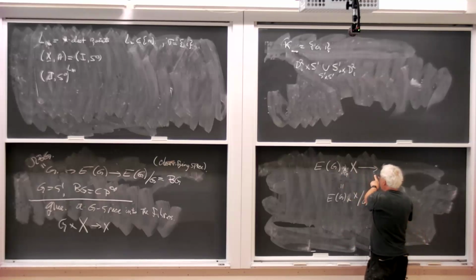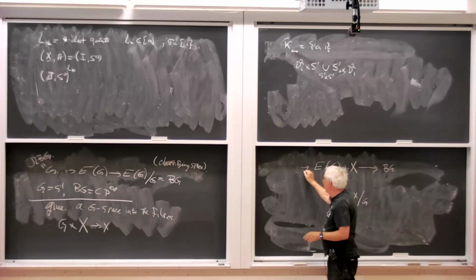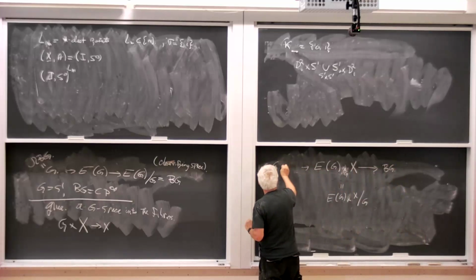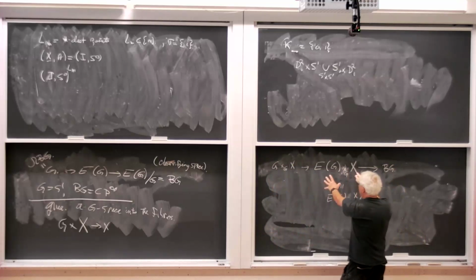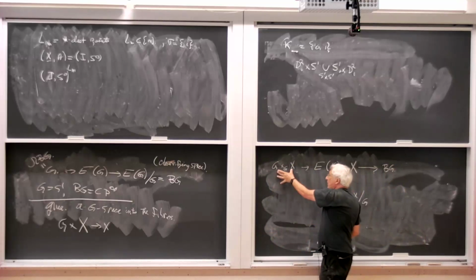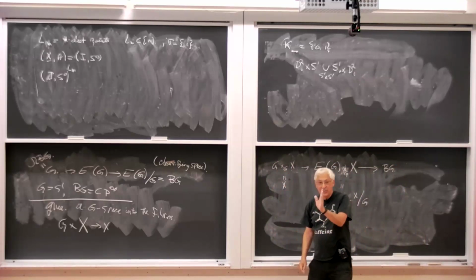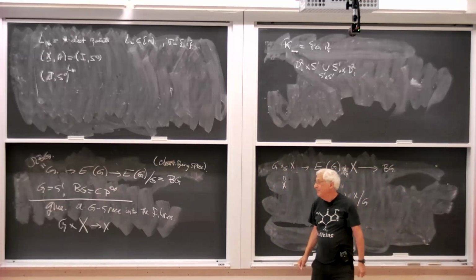It still maps down to BG, but all I've done in each fiber is taken G crossed over G with X. This is what I've done to the total space, but in each fiber I've got that. But this, of course, is just X. So I've succeeded in gluing X fiber-wise in a uniform way.